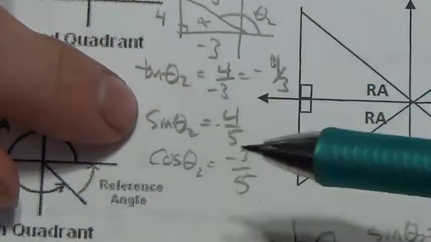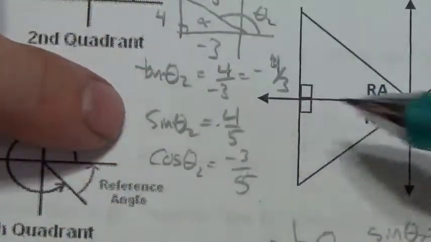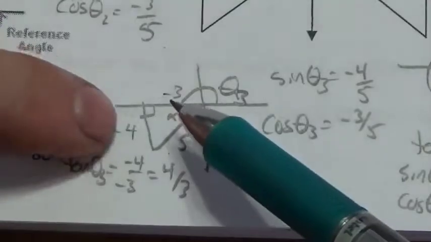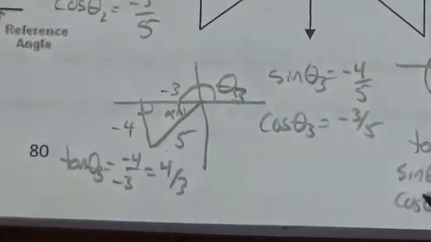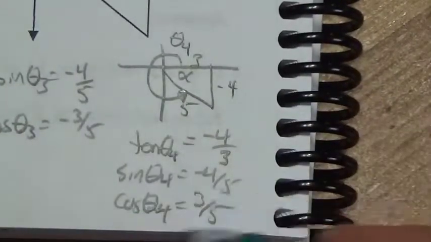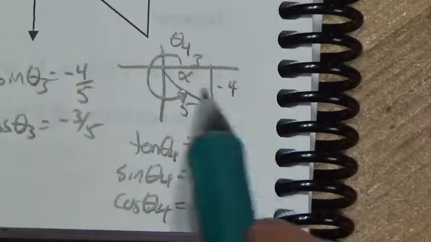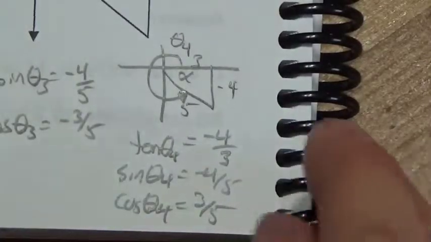That's because tangent and cosine both are influenced by the value of x when you're in the second quadrant. In the third quadrant, the only one that was positive was tangent, because both x and y are negative here and those canceled. Over here in the fourth quadrant, only cosine was positive because these other two are affected by the y coordinate, and that's negative in the fourth quadrant.